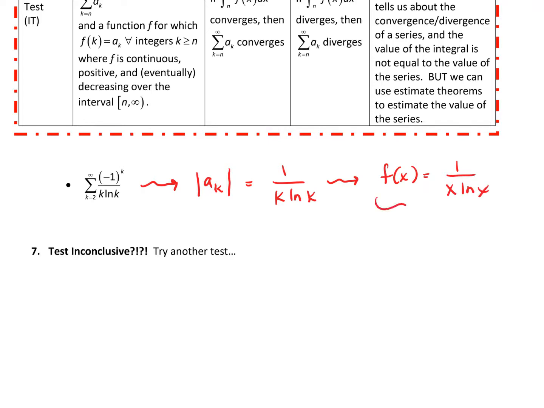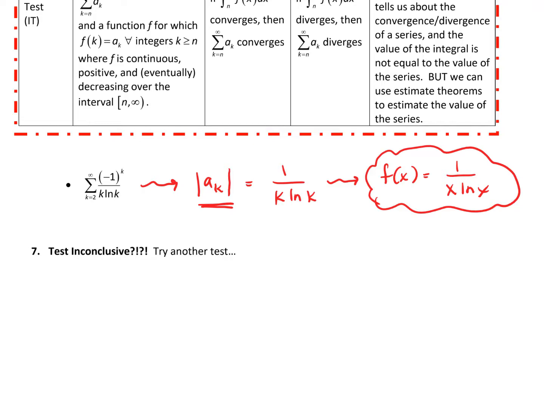We can use that function and work through this when we're working on the absolute value of it. So this would be an example of where we could use the integral test.